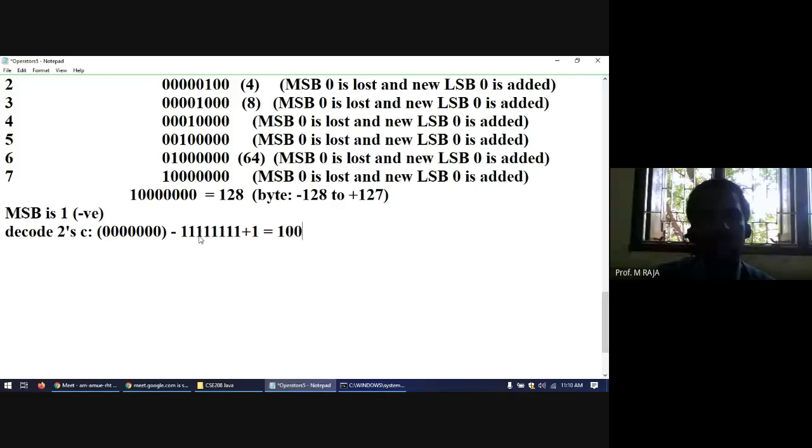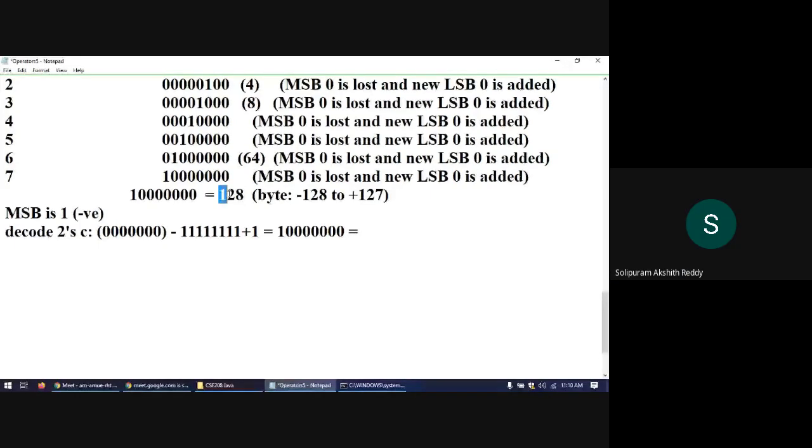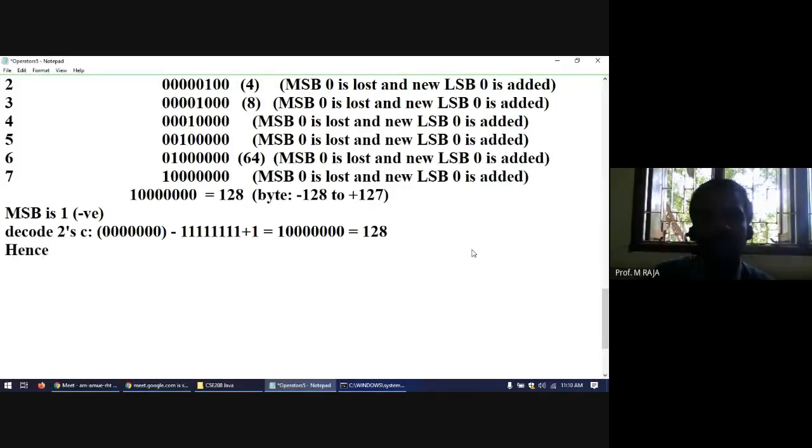So 1 followed by 7 zeros is 128, and its sign is minus: minus 128. Hence the quantity actually decoded, 1 followed by 7 zeros represented in 2's complement, is minus 128, not plus 128.